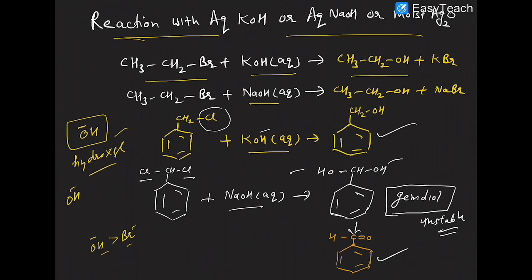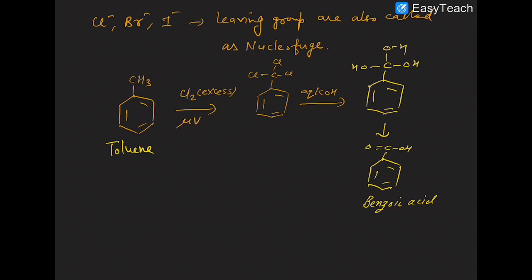Remember that gem diols, in each and every case, immediately lose a water molecule and transform into a carbonyl group. And one more thing you have to understand: the leaving group, chloride, bromide, iodide or any other leaving group, is also called a nucleofuge.